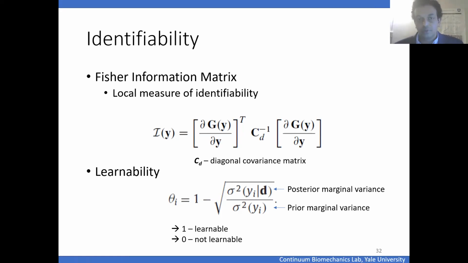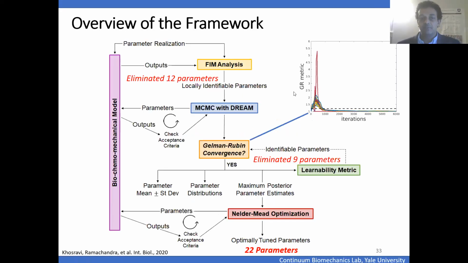Okay, so once you do this identifiability analysis, this is essentially the framework I use for parameter estimation, right? So this is my biochemomechanical systems model. I take a parameter realization, or I take the outputs, I do a Fisher information matrix analysis, and I found that 12 out of the 43 parameters are locally unidentifiable.